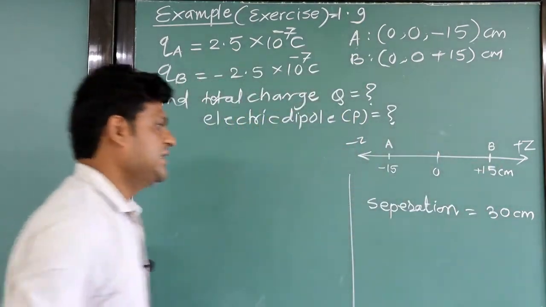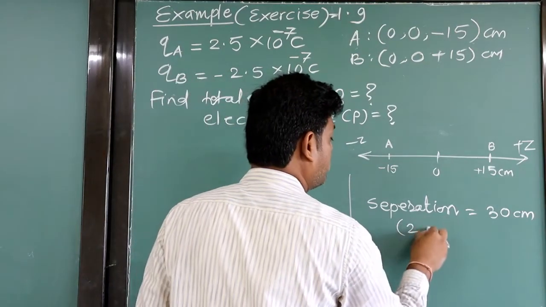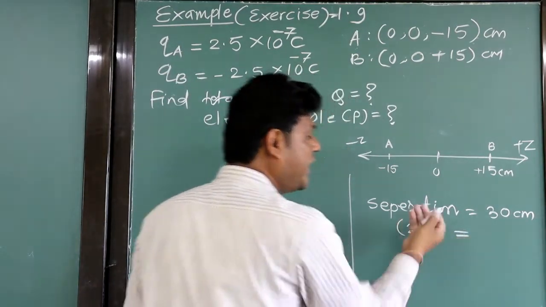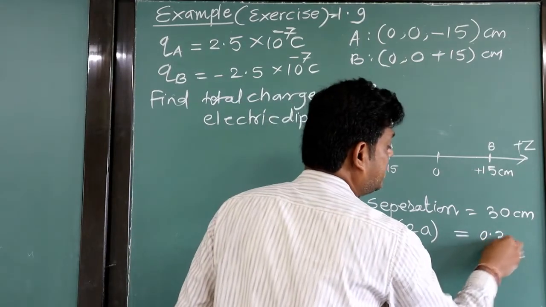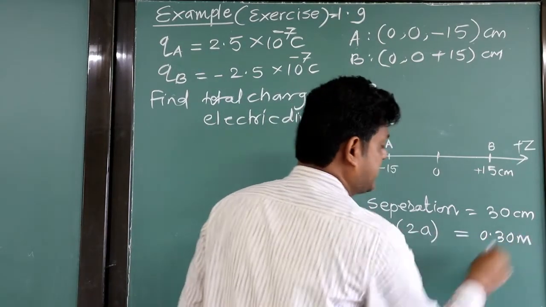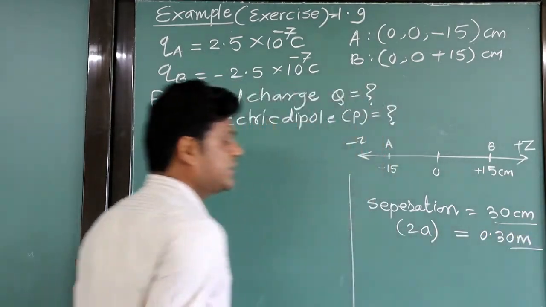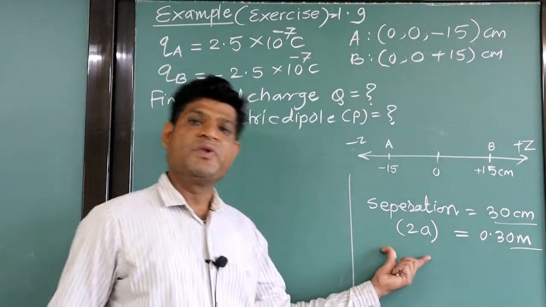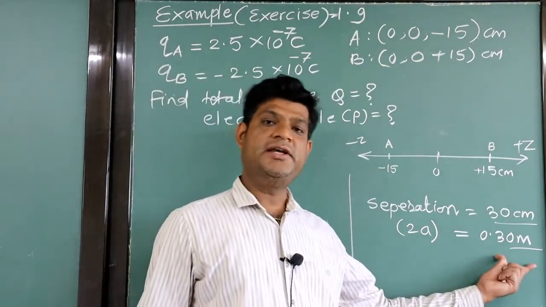The separation is denoted by 2A, and 2A is equal to 0.30 meter. Here it is in meter, not centimeter.